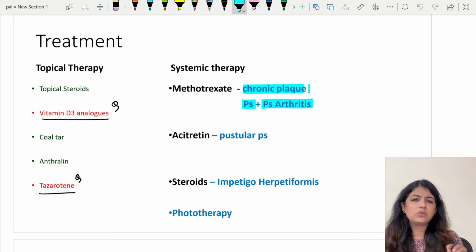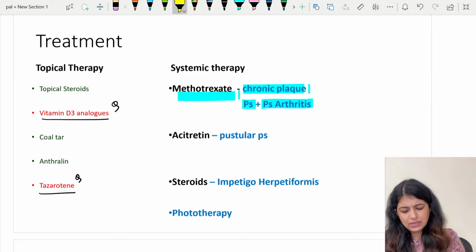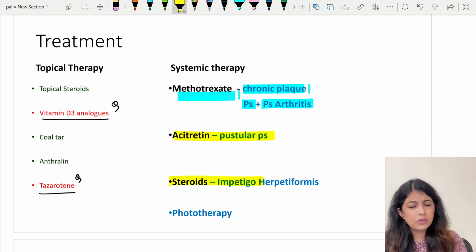A patient who is a known case of psoriasis presents with psoriatic arthritis. What is the treatment of choice? So the treatment of choice for a patient suffering from both these diseases is methotrexate. Acitretin, I have already told you, is the treatment of choice for pustular psoriasis. Steroids for impetigo herpetiformis.